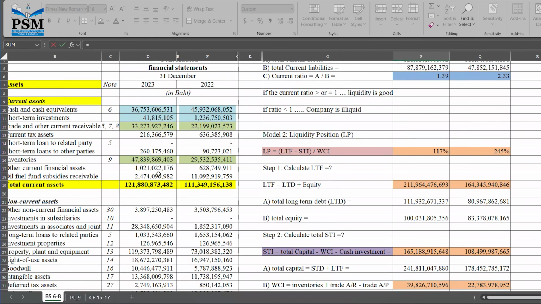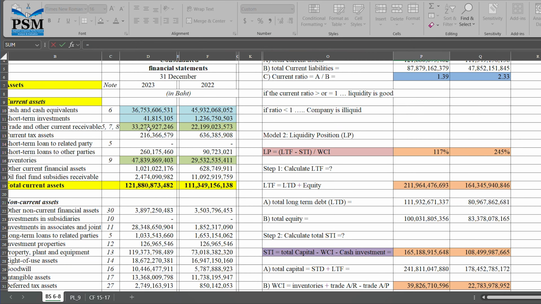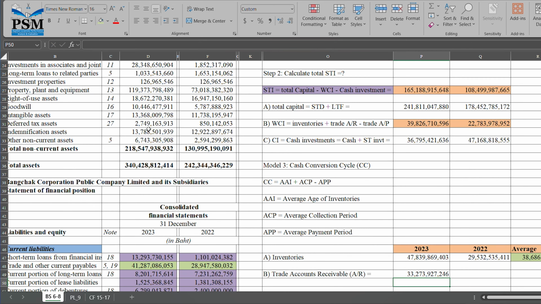You go to row number 12. Those numbers, we already have them. I just show you where they come from, but we have them from the first model when we were calculating the WCI. Same numbers.